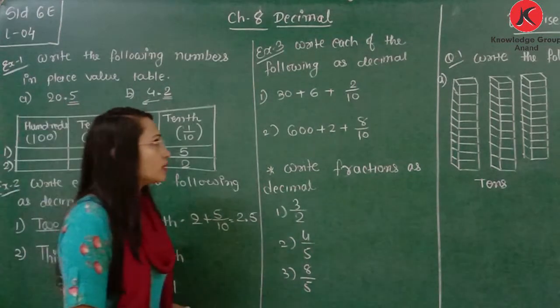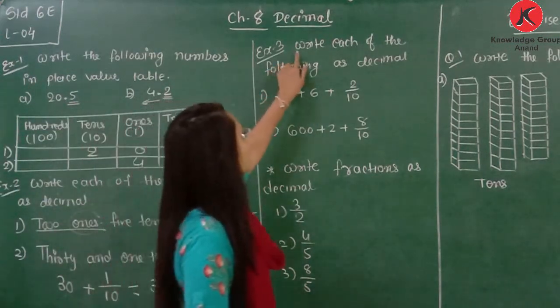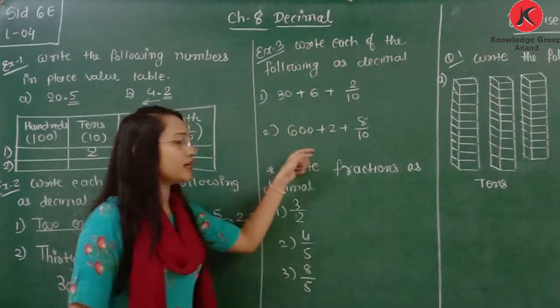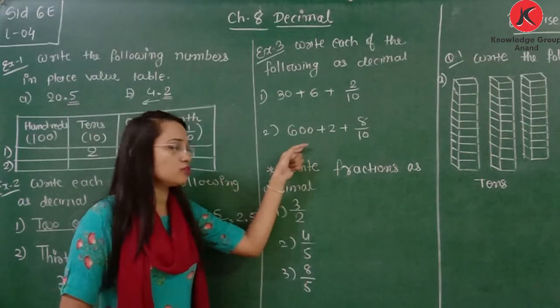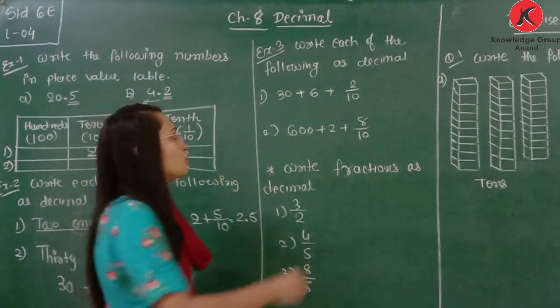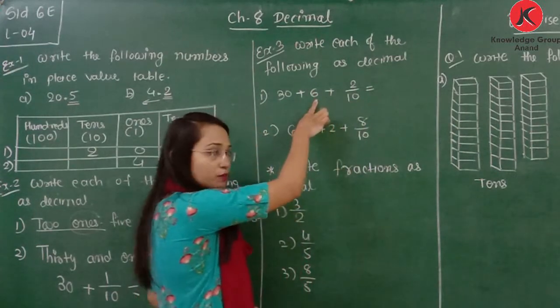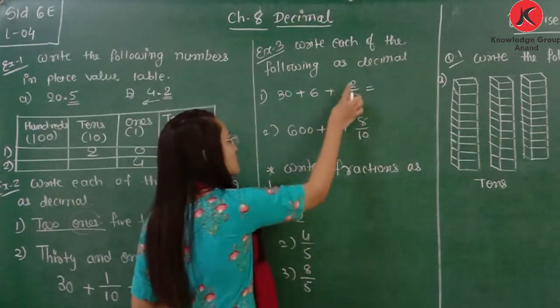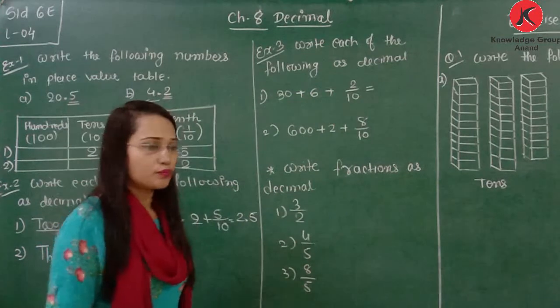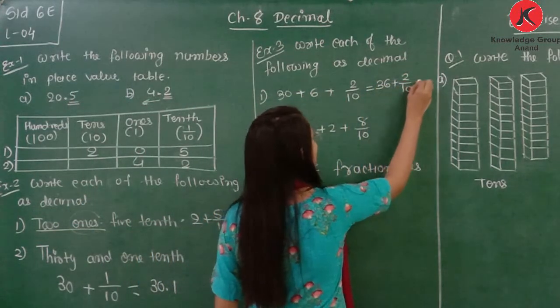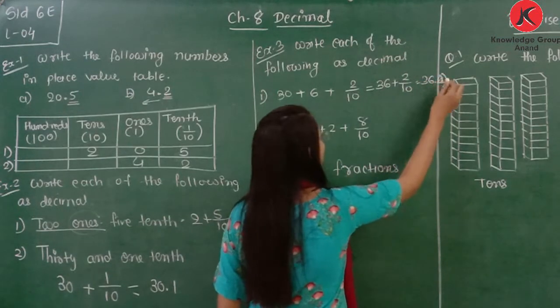Okay. Now next one, question number 3. Write each of the following as a decimal. Here the expanded form of the number is given and you need to find the decimal number. Here 30 plus 6 plus 2 by 10: 6 is at the 1's place and 2 by 10 is at the 10th place. So it is 36.2.